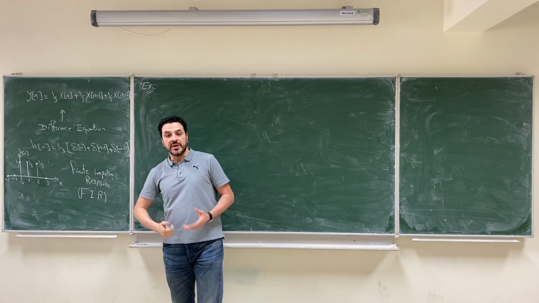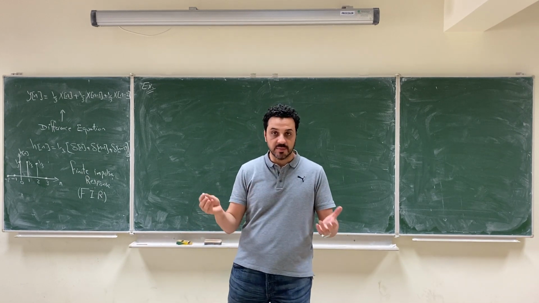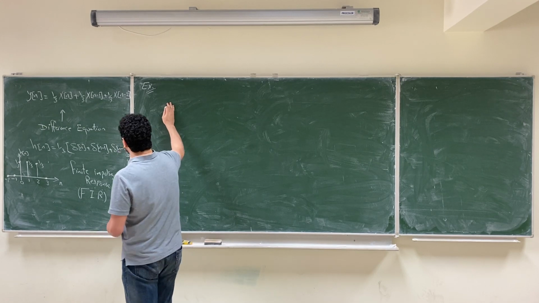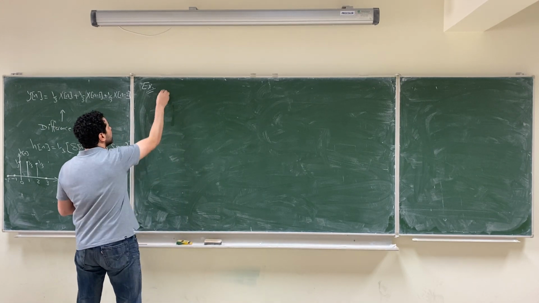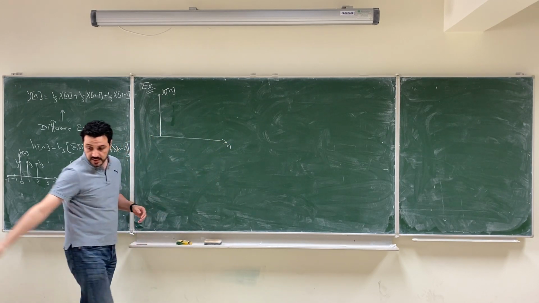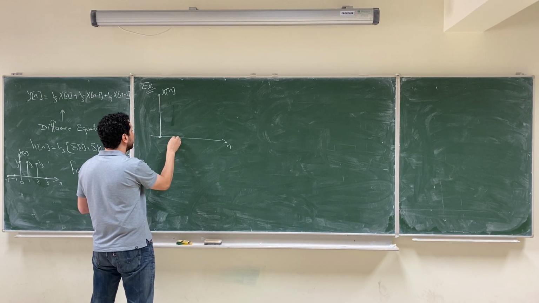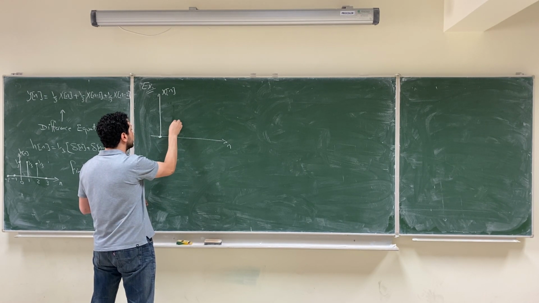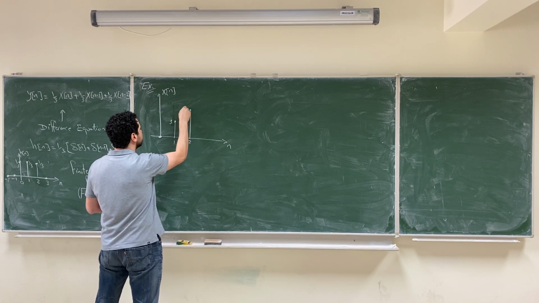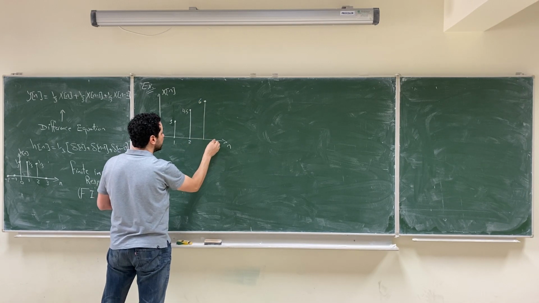Once we obtain h of n, the impulse response, I can ask you to calculate the output for any input. For example, let's take this example where I'm giving you the input x of n to be 0, and then 0 here, and then at 1 it is 3, at 2 it is 4.5, at 3 it is 6, and then zeros.